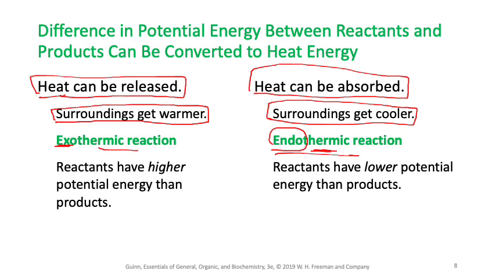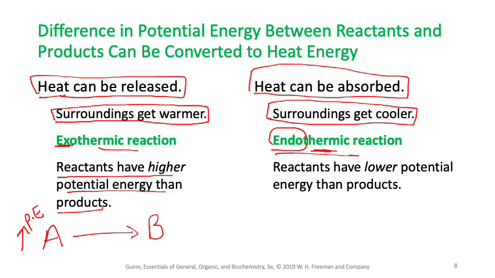And the third point, which is important for both types of reaction, let's talk about the exothermic. Reactants have higher potential energy than the product, and it makes sense. That's why the reaction is exothermic. Let me explain one more time. If you're going from A to B, and A has high potential energy, as I already told you on the previous slide, a reaction always goes from higher potential energy to lower potential energy, because the less energy the molecule has, the more stable it is.